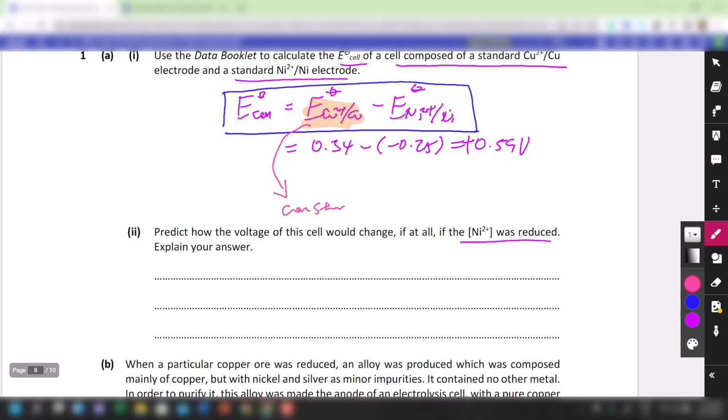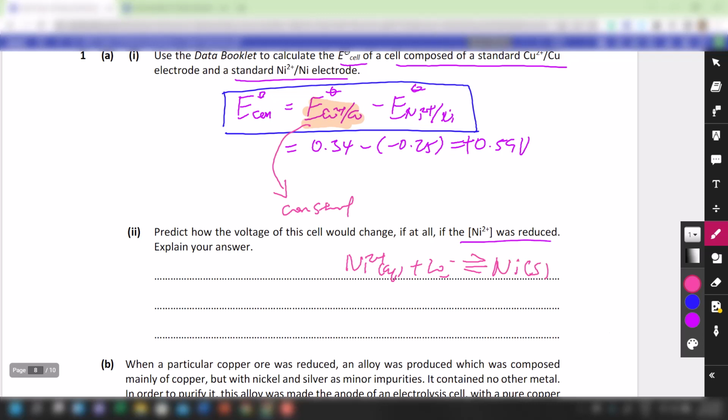So I'm talking about A2 now. The nickel 2 concentration is reduced. First of all, we need to write an equilibrium expression involving nickel 2 to give us nickel solid.